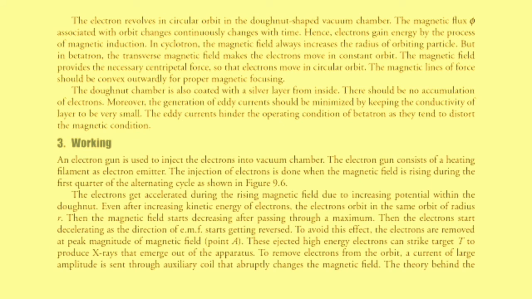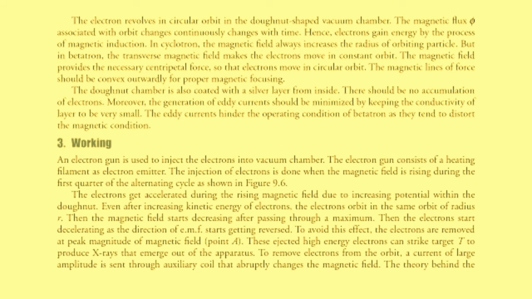Here you all can see on the screen, an electron gun is used to inject the electrons into the vacuum chamber. You can see that electron gun in figure 9.5b also. The electron gun consists of a heating filament as electron emitter.